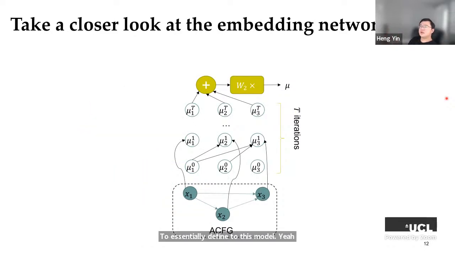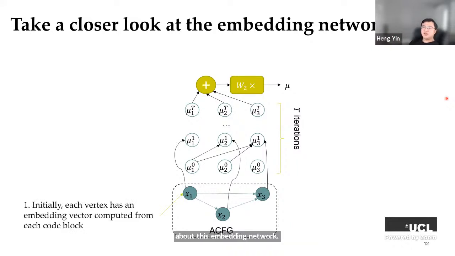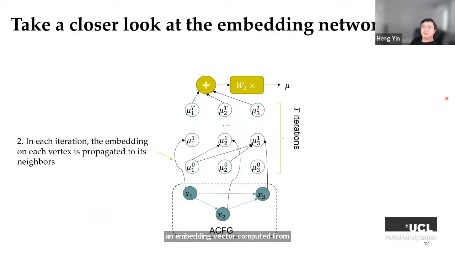Now, a closer look at this embedding network. Essentially, initially each vertex has an embedding vector computed from each block, and then in each iteration, the embedding on each vertex is propagated to its neighbors.